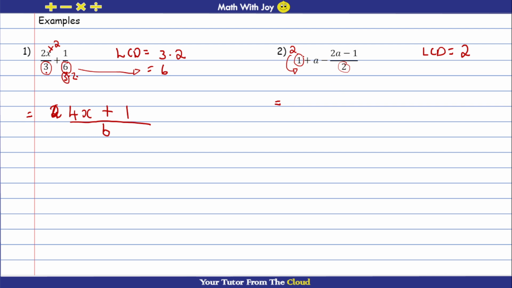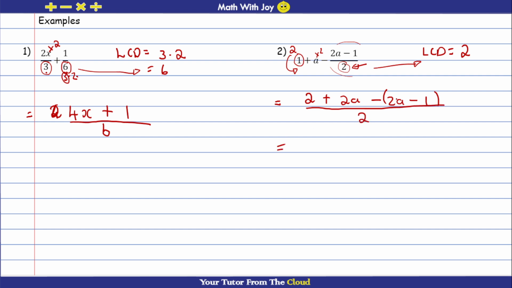So I'll multiply this numerator by 2. I don't multiply this term by 2 because the denominator already looks like the LCD. So the numerator is going to be 2 plus 2a, then minus 2a minus 1. Just put that in brackets all over the LCD, which is just 2.